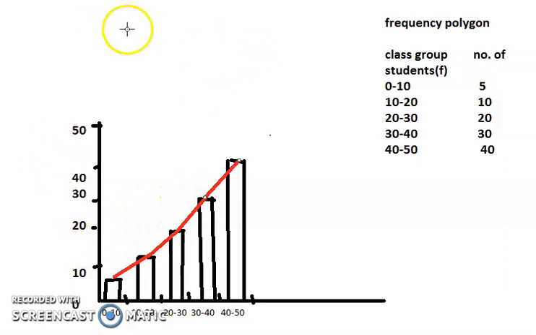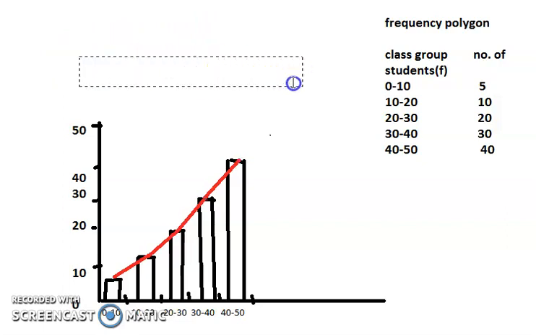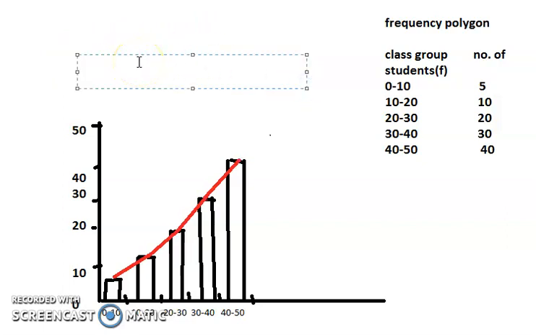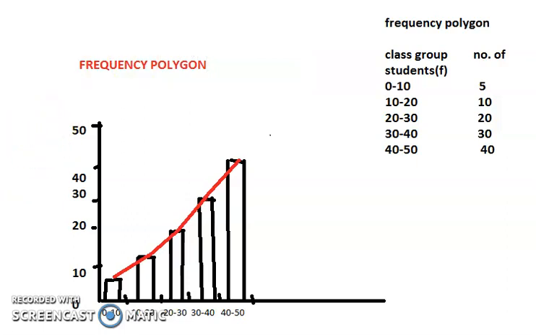You will join these lines with the help of the scale only. Here you will write the heading. What will be the heading? Frequency polygon. On this side, what is the number of the students?